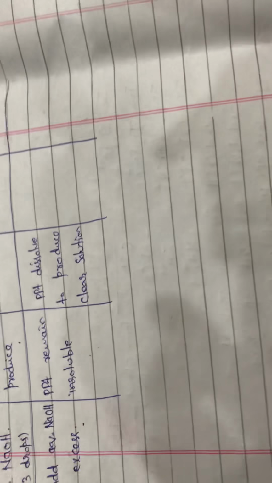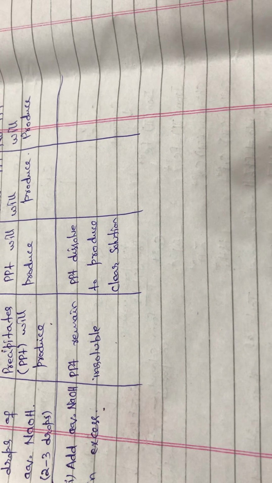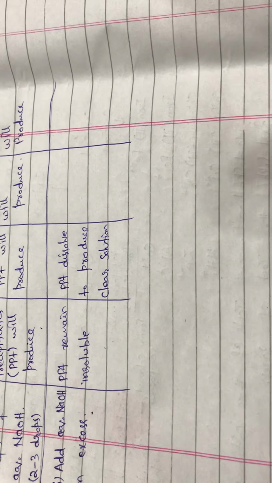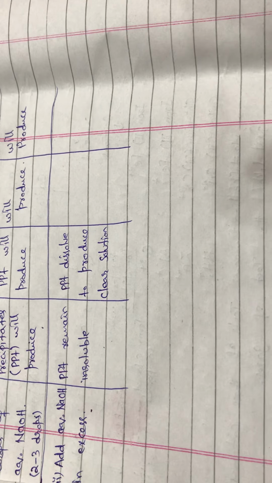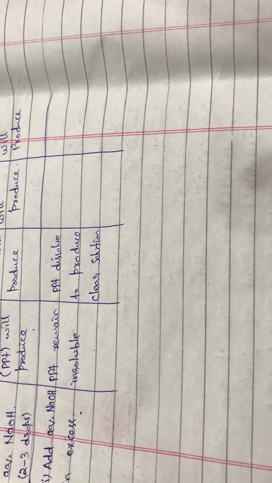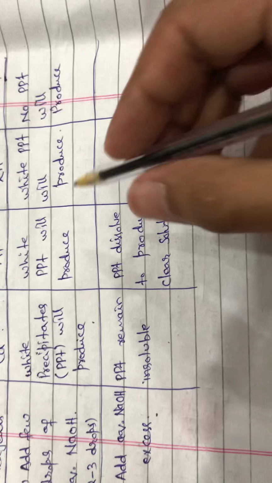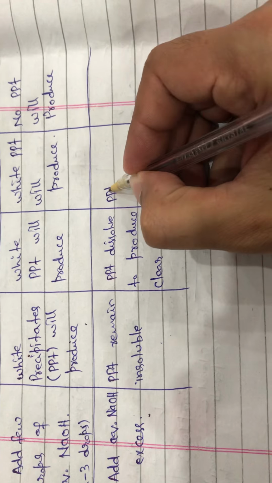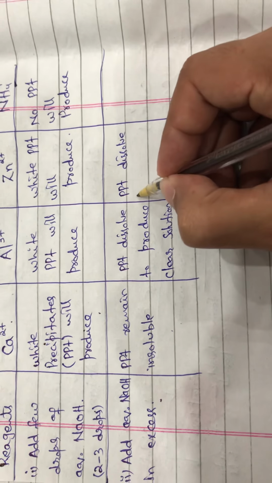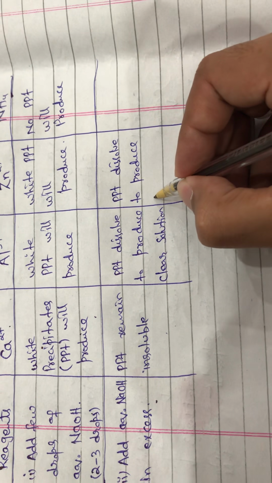First white precipitates are produced, and now if we add an excess amount of aqueous sodium hydroxide, these precipitates will dissolve in aqueous sodium hydroxide, producing a clear solution. Means apparently there will be no sign of solid particles in it. Over here same is the case with zinc: the precipitate dissolves to produce a clear solution.